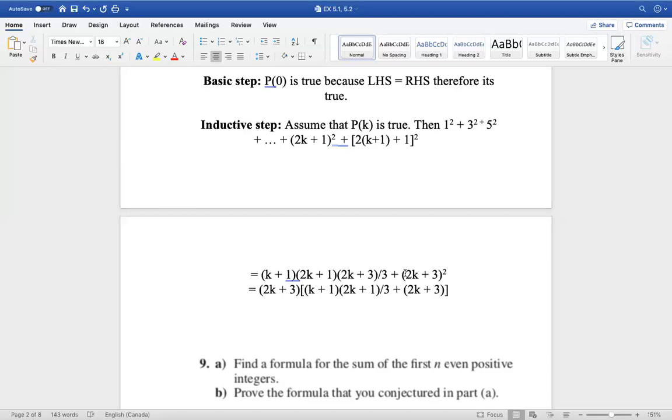Okay, so basically what we did is we multiplied this, because this is a square, so we just simplified this to remove the square.